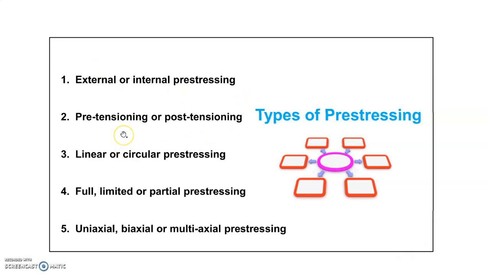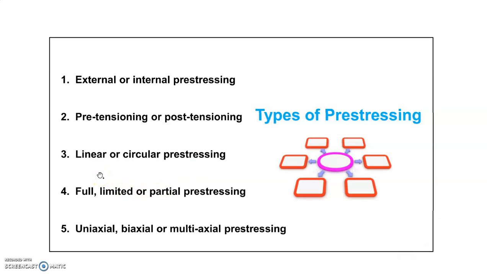And pre-tensioning: if the tendons or cables are tensioned before hardening of concrete, it is known as pre-tensioning. If tendons are tensioned after hardening of concrete, after maturing of concrete, it is known as post-tensioning.